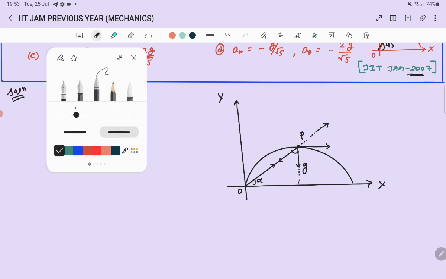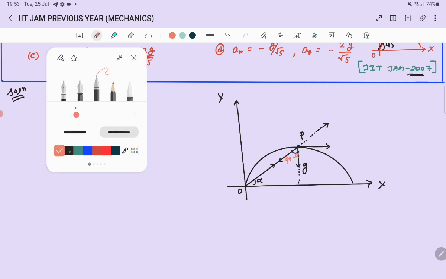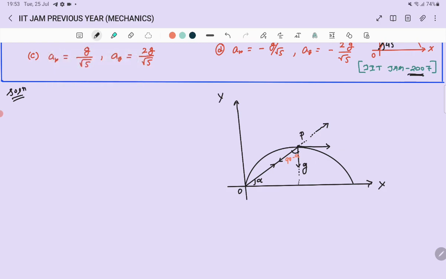Let me draw in another color. Suppose this angle is 90 minus alpha. The component of G along this direction will be G sin(90 minus alpha), and the component along this is G cos(90 minus alpha).